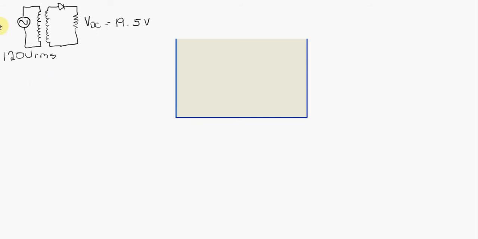So what we need to do now is figure out what the peak output voltage is. If you'll recall, this is what we're looking for, right? Voltage peak output.